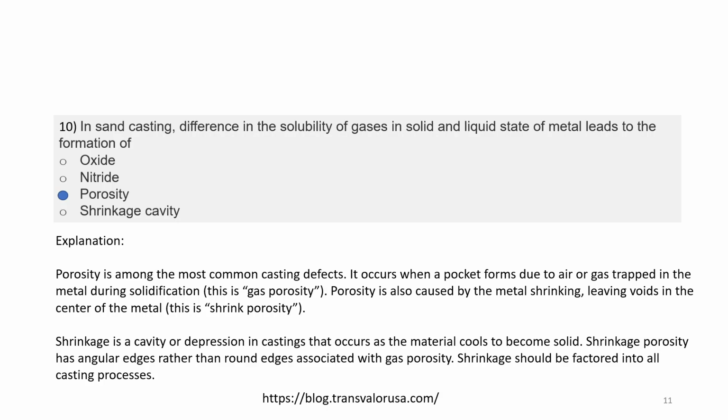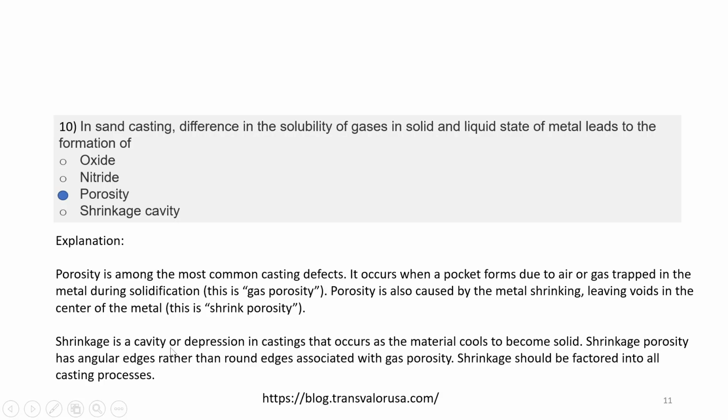This porosity is also caused by the metal shrinking, leaving voids in the center of the metal, and this is shrink porosity. So there are two types of porosity. One is gas porosity because of entrapment, and one is shrink porosity because of the density difference in solid and liquid.